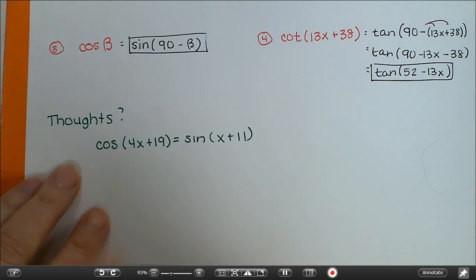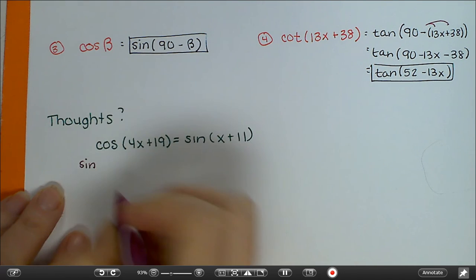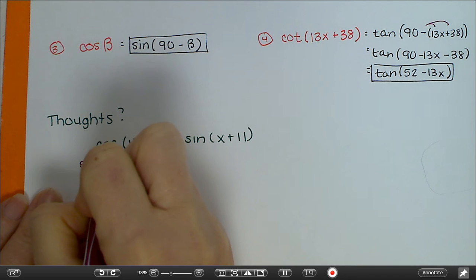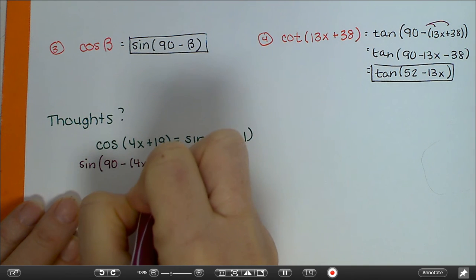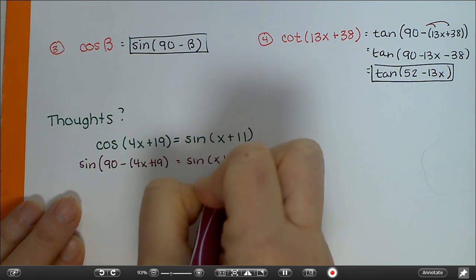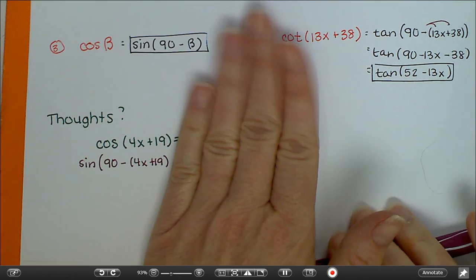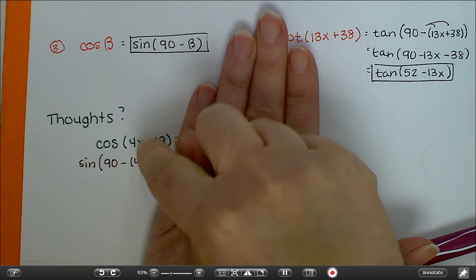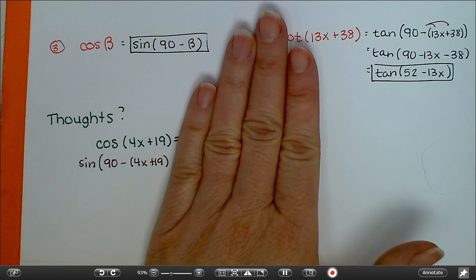I'm just going to go with changing cosine to sine. If I change cosine to sine, then I'm using the cofunction idea, that its complement will be equal. So we can just interchange those. This side didn't change, but this side, we just changed cosine into its cofunction, sine, of its complement.